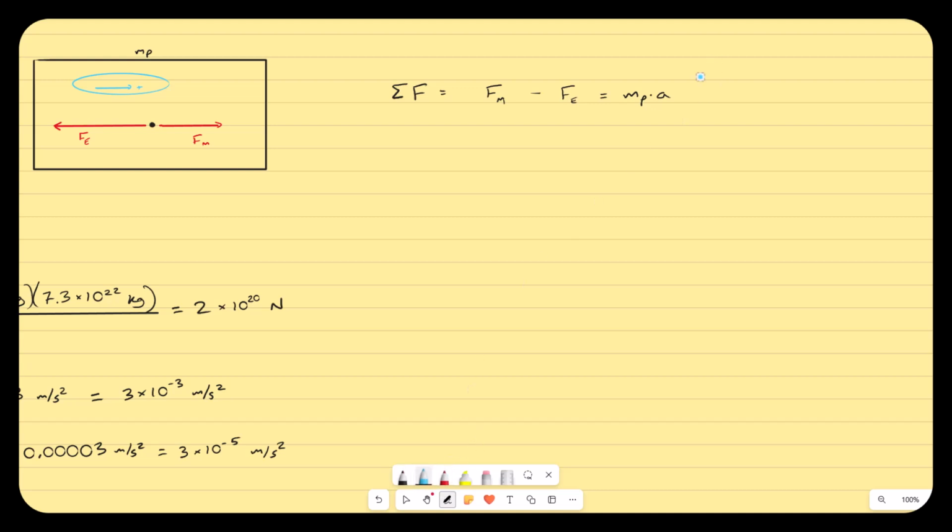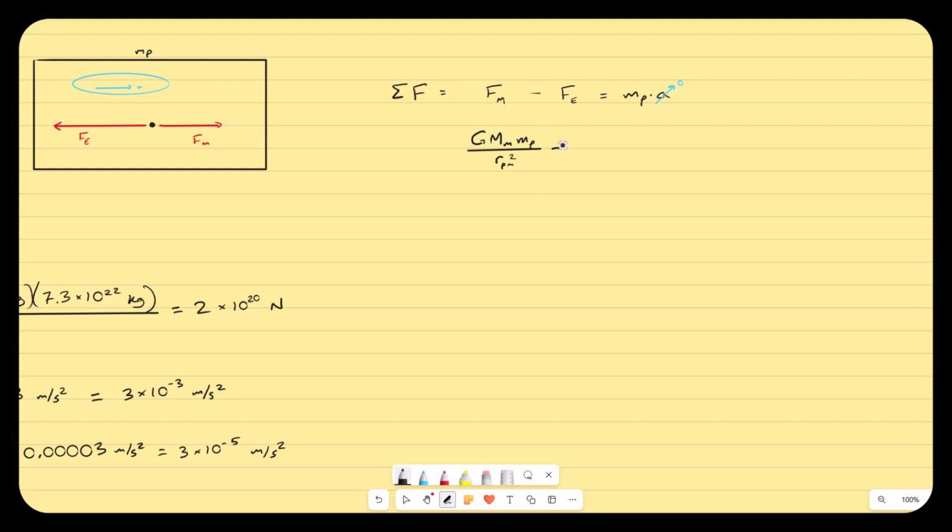If I'm looking for that equivalence point, that one's going to be 0. Force from the Moon, that is G times mass of the Moon, mass of the person, over, and I'm just going to start off by saying distance from the person to the Moon squared. That's part of what I'm looking for.